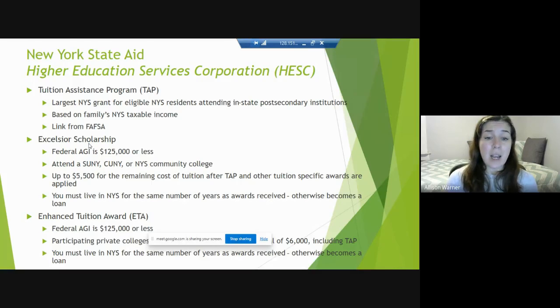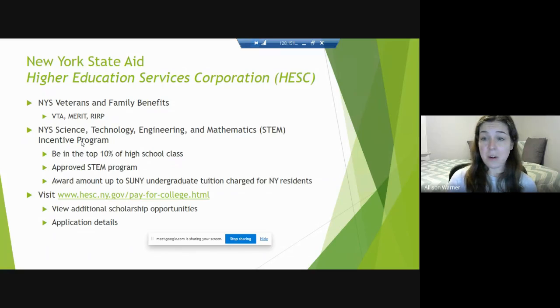And the Enhanced Tuition Award is really meant for the private colleges that are participating in New York State. Not all private colleges in New York State are participating in this scholarship. Now, some other New York State benefits are the veterans and family benefits.